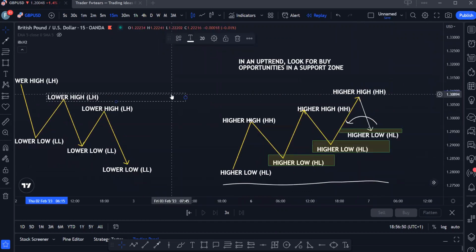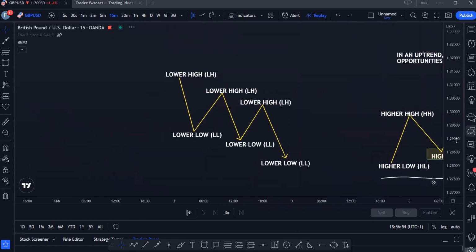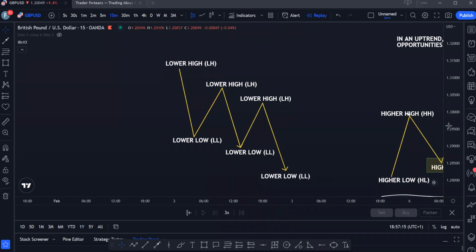On the flip side, let's do an example for the downtrend. Let's assume that when you came to a particular currency pair on a particular time frame, what you spotted was a downtrend. And then price is currently giving us a lower low. But you know that this is a downtrend.